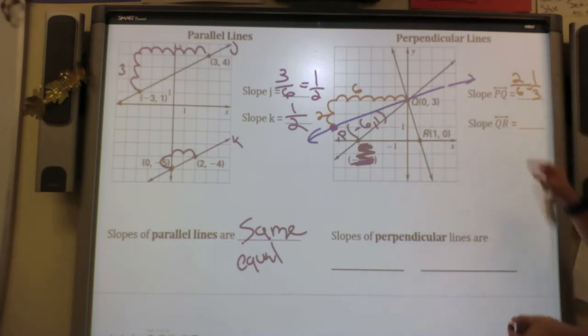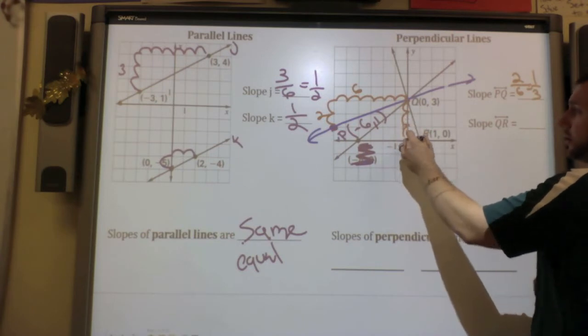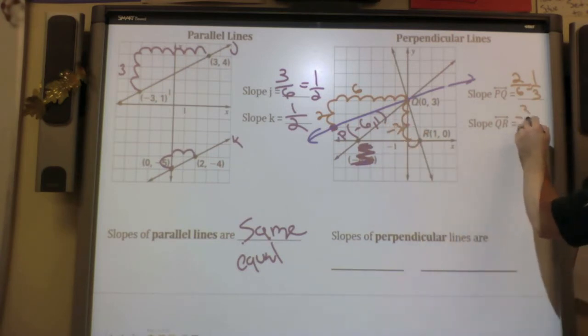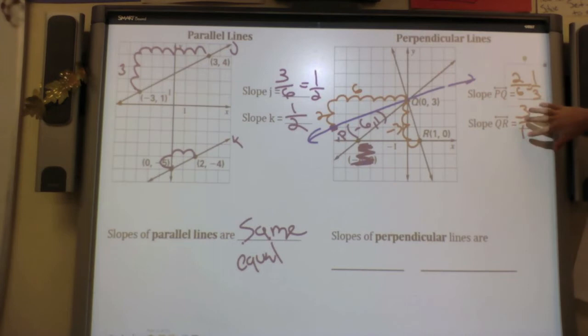The slope of Q to R, this one's fine, is down 3 over 1. Down 3 over 1. So if you notice the two fractions, one is 1/3, one is negative 3 over 1. I'll make that negative a little bit better for you.